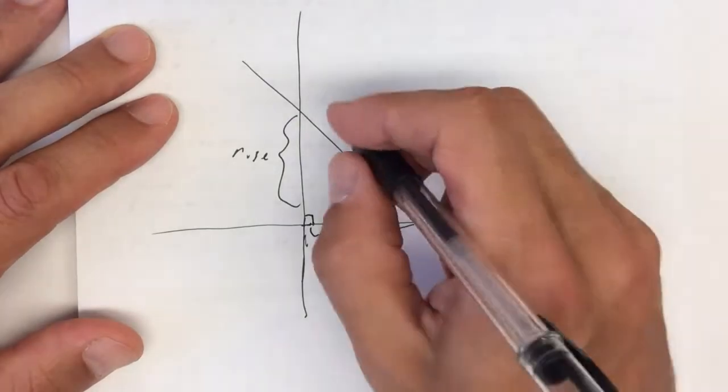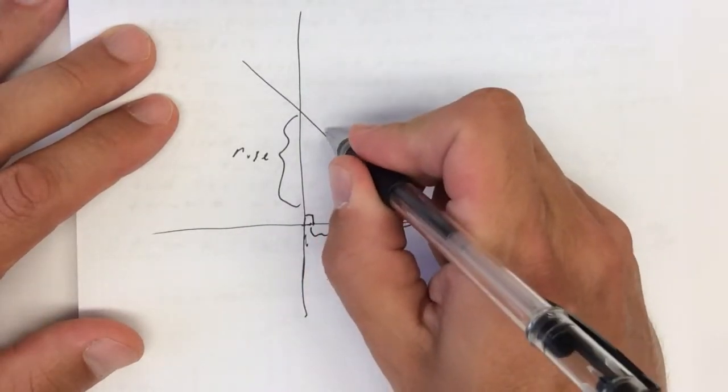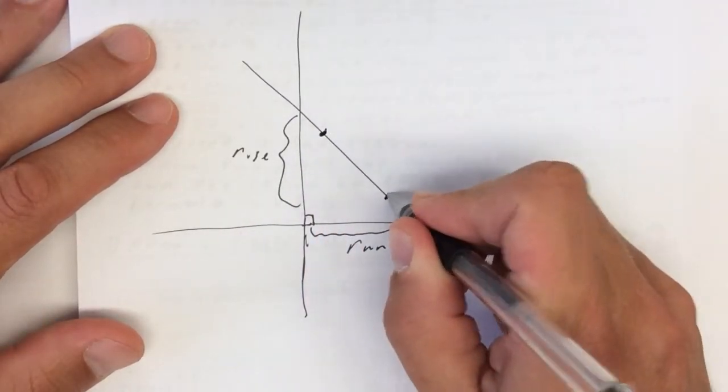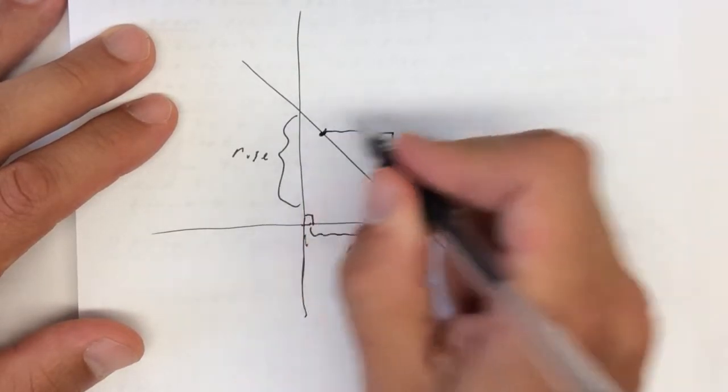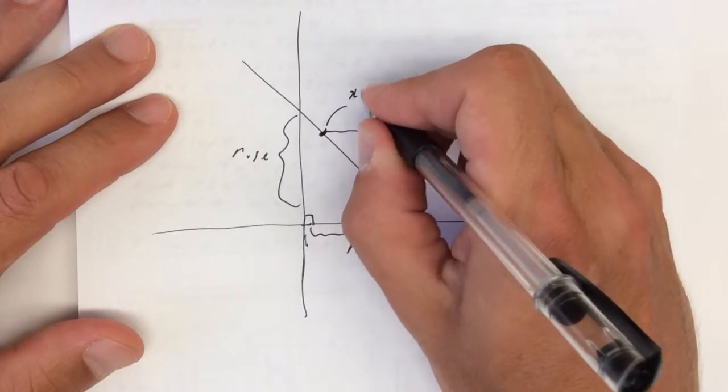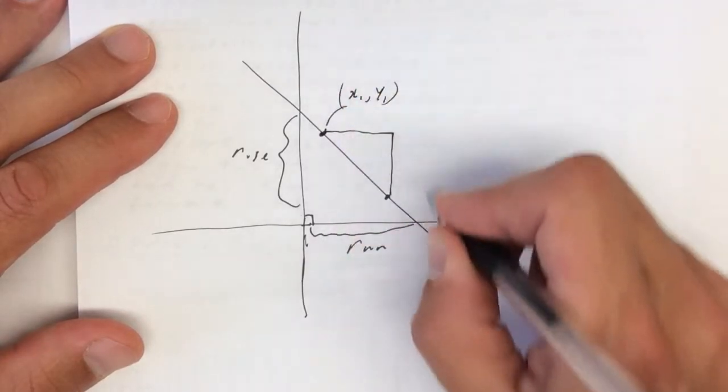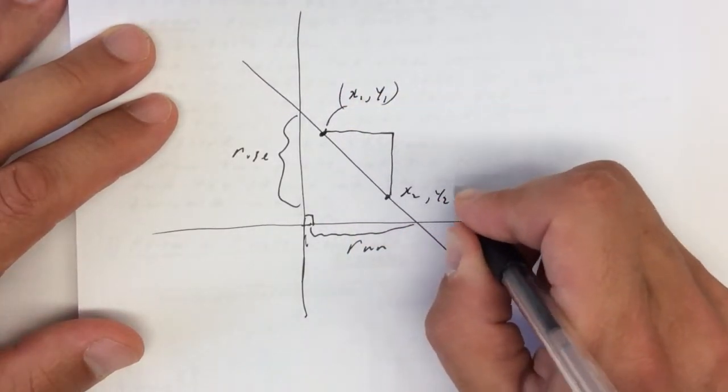If you take 2 points, there and there, you can make a triangle from there and there. So that point is x1, y1, that's x2, y2 maybe.